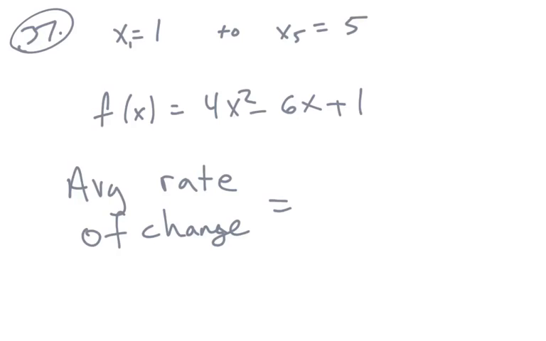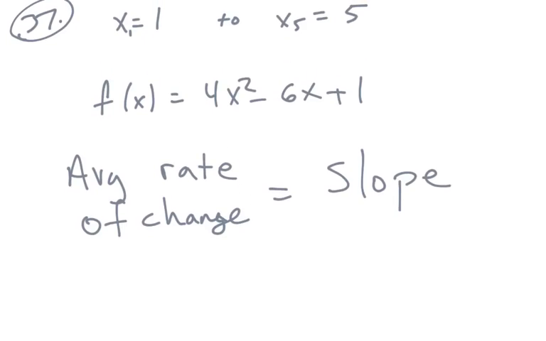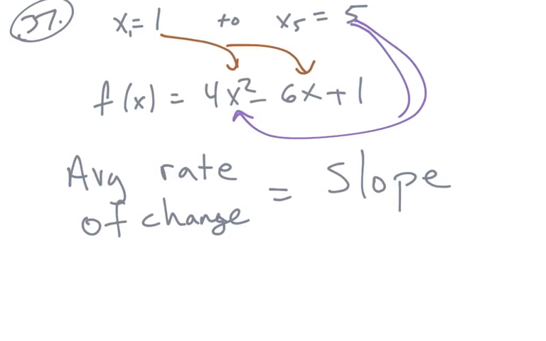Okay, so you should know that the average rate of change is just a different way of saying slope. So all this question is asking you to do is plug in 1 into the function, then plug in 5 into the function. When you plug in 1, you get f of 1, which is the y value, and when you plug in 5, you get f of 5, which is the y value.